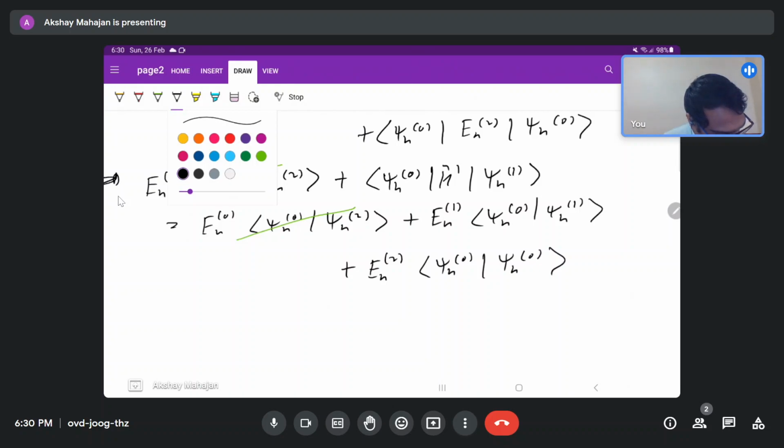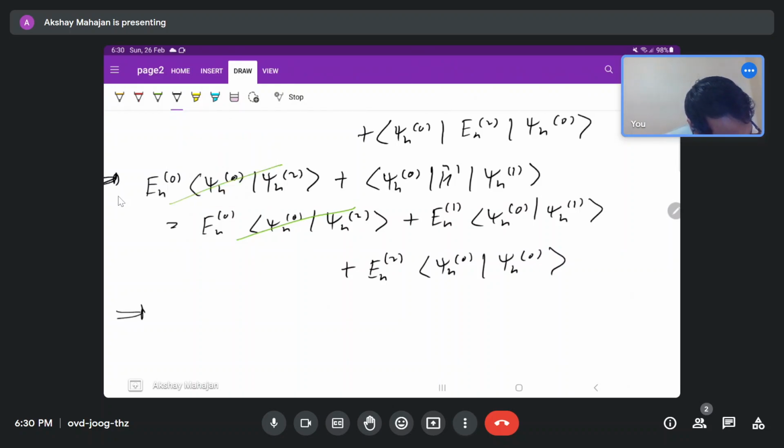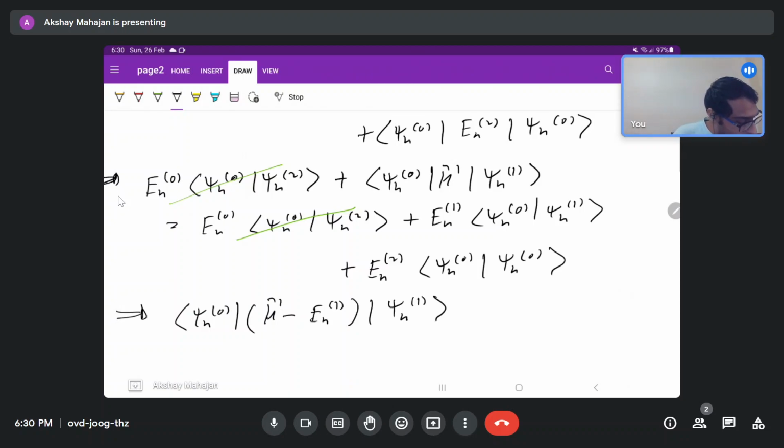So I can write it here as, continuing with this, psi n of 0, H cap prime minus E n of order 1, psi n of order 1, first order correction, that will be equal to E n of the second order correction, psi n of the 0th order correction, and that will be equal to 1.